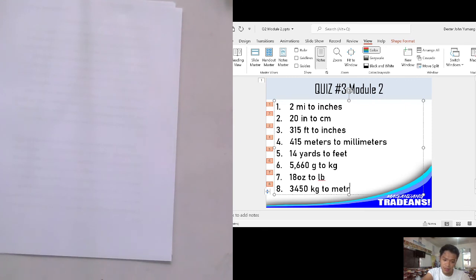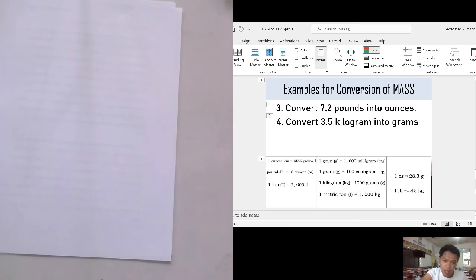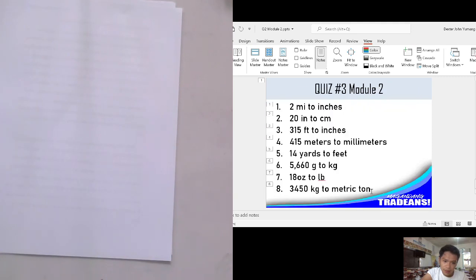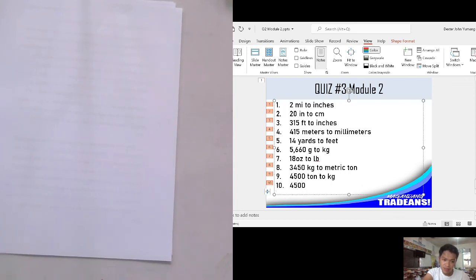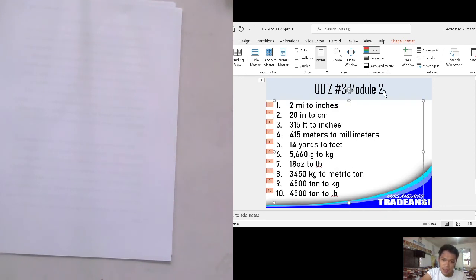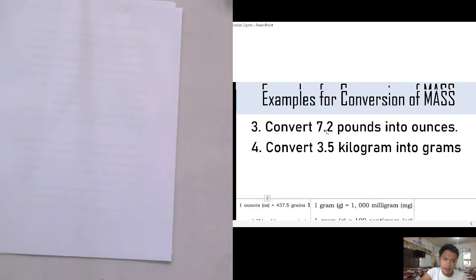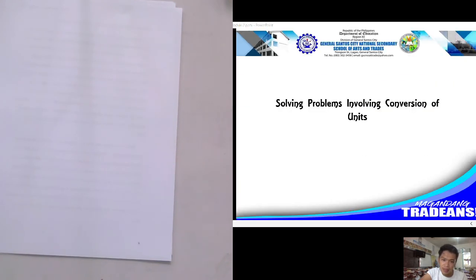Metric ton rather, metric ton. Next, number 9, we are going to have 4,500 tons to kilograms. And number 10, 4,500 tons to pounds. Okay, that is our quiz number 3 for this module. Okay, please copy.